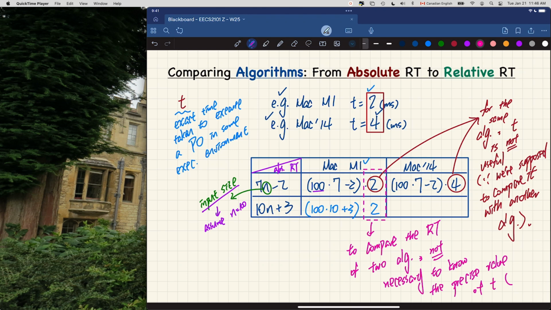You only need to look at this part over here without this running time. Either it's 2 or it can be 4, doesn't really matter, right? You might just end up choosing, for example, this one here, because it's 7n, maybe. All right. Can be 2, can be 4. Not necessary. The same conclusion can be drawn anyway.